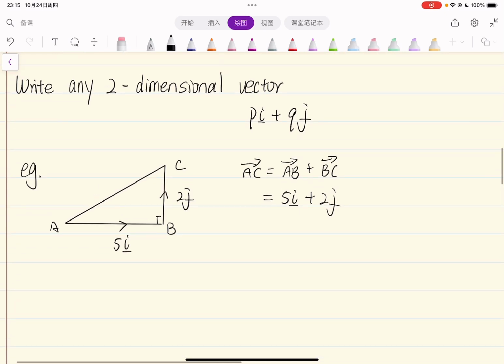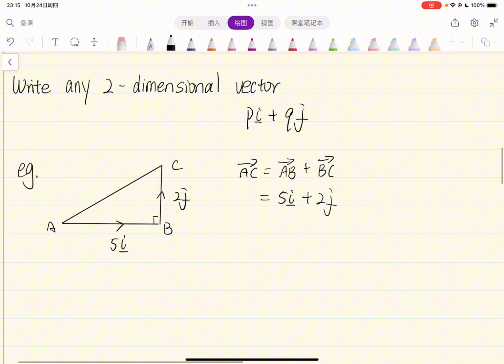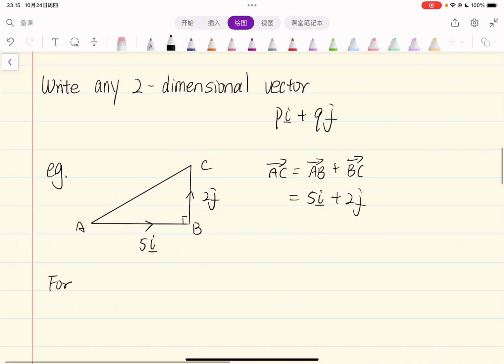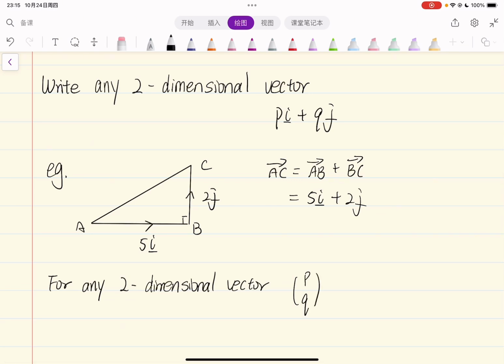For any two-dimensional vector, we can write (p, q) in the column vector form, and that equals pi plus qj.